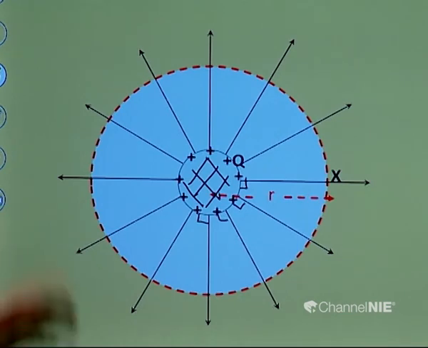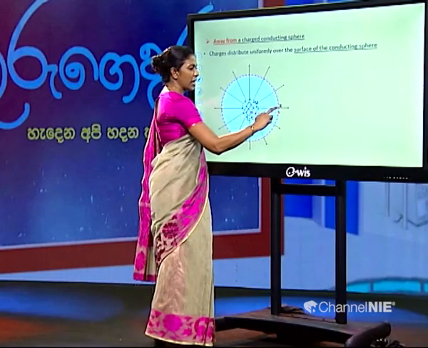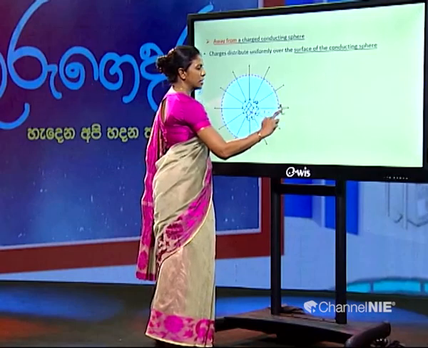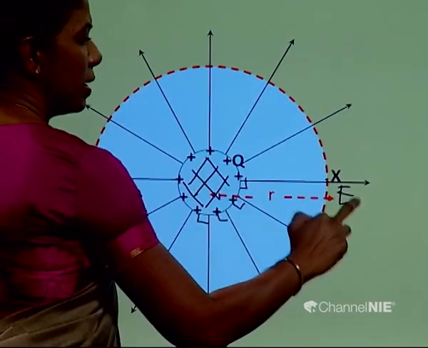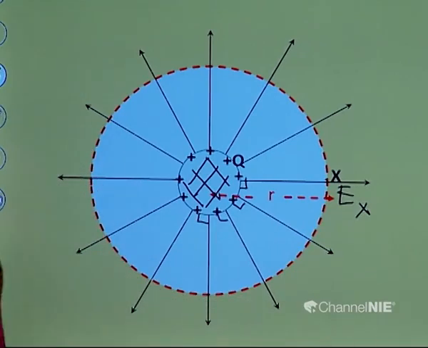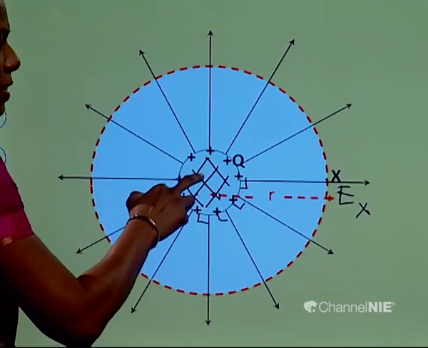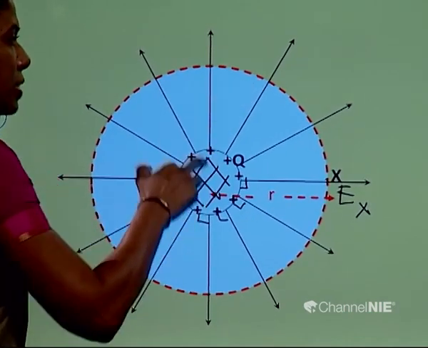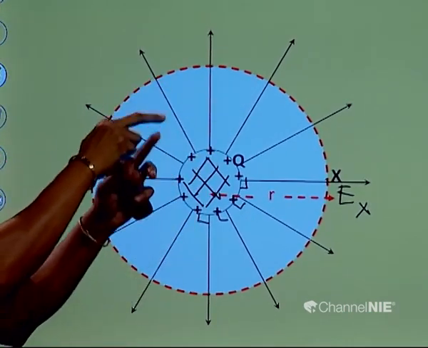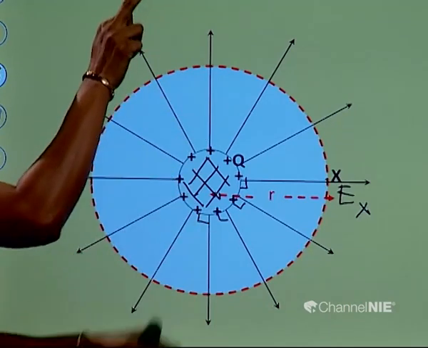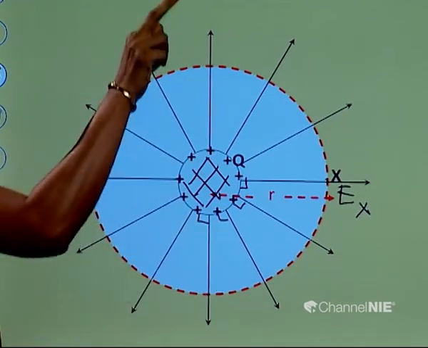Now, we have to choose a Gaussian surface. If I choose a point x, let us say the field intensity at a distance r from the center is Ex, for instance. By symmetry we understand that at the same distance from the center in 3-dimensional space, the field intensity must be the same.